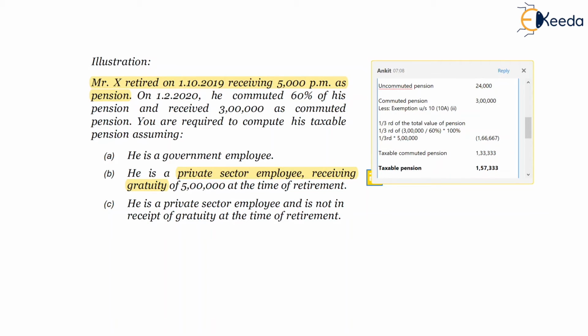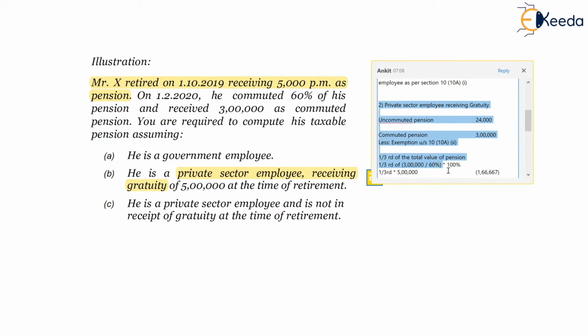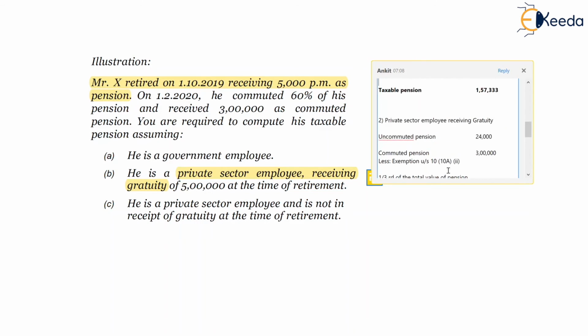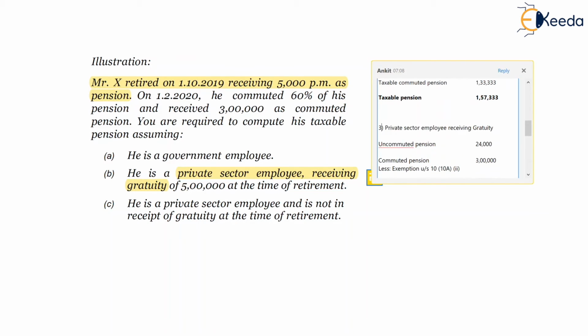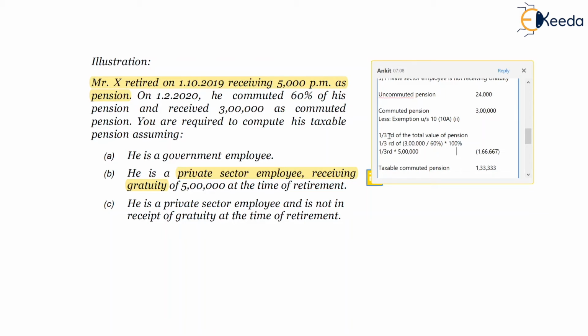So taxable pension in his case will be 157,333. Right, friends? And what if the private sector employee does not receive any gratuity? This will be the third part, not receiving gratuity. Uncommuted pension remains the same. Commuted pension will be 3 lakhs, and here it will be half of the total value of pension.